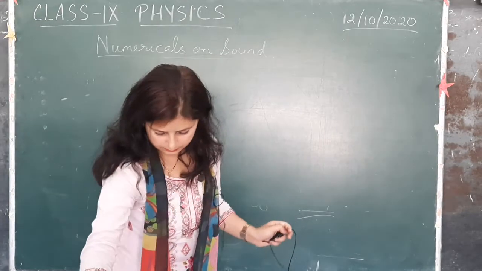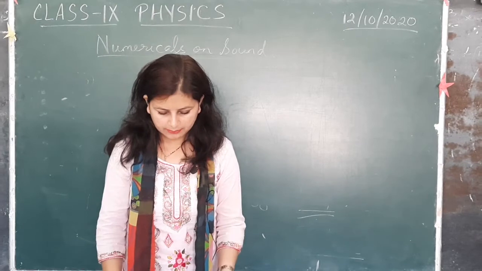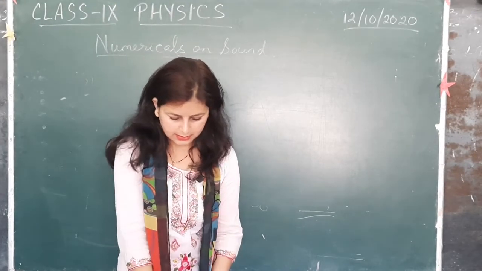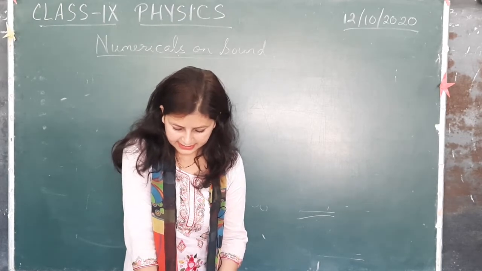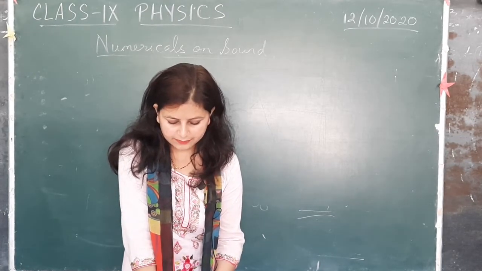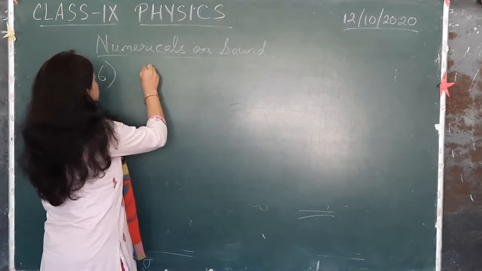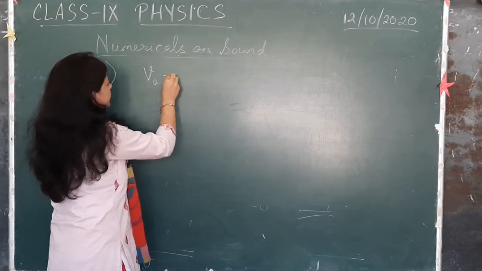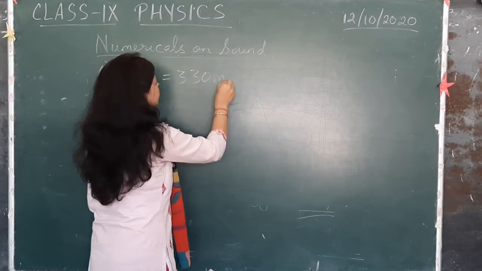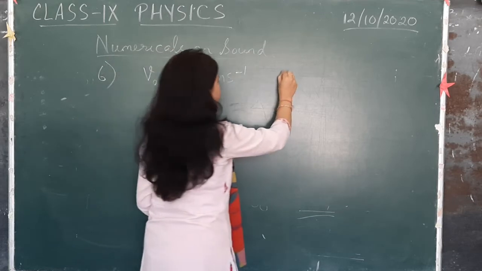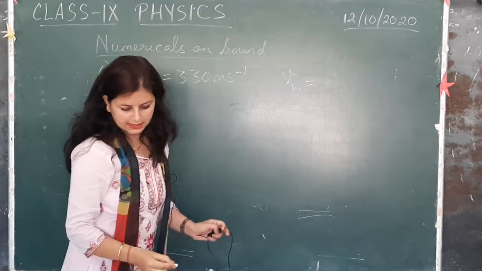Okay. Next. Number 6. The speed of sound in air is 330 meter per second and in water it is 1650 meter per second. So, question number 6, speed of sound in air is given to be 330 meter per second, and at the same time sound travels in water with a higher velocity.